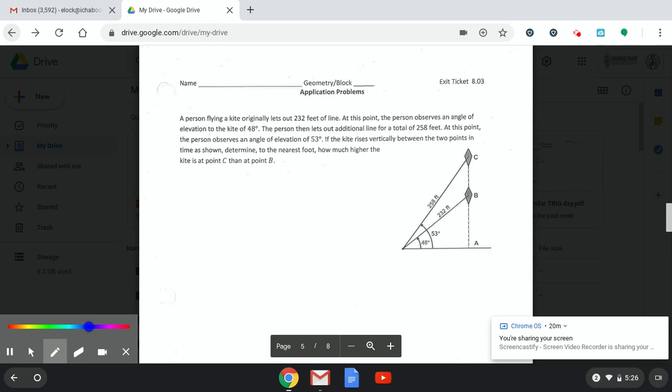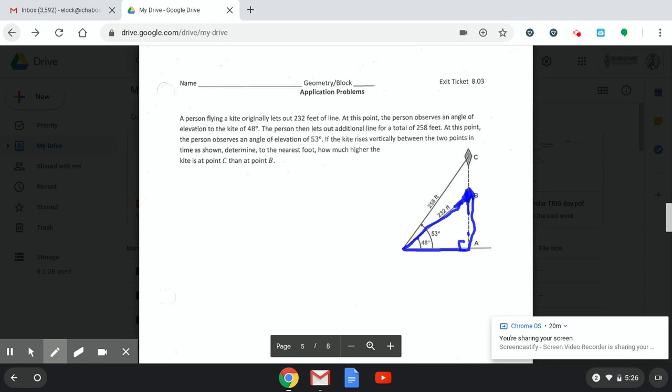At this point, the person observes the angle of elevation to be 48 degrees. So there's our first right triangle. We have an angle of 48, and we know that the hypotenuse, from there to the kite, is 232 feet.